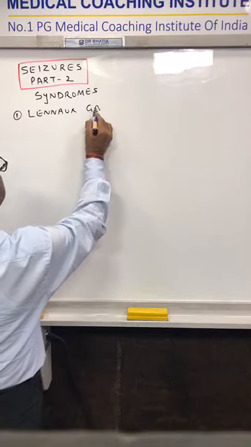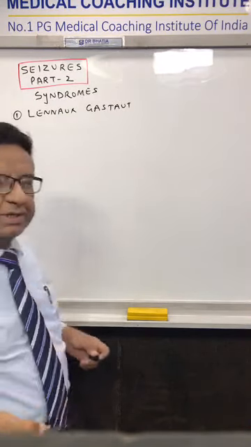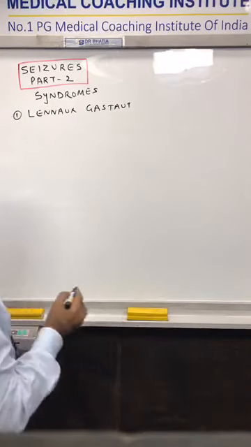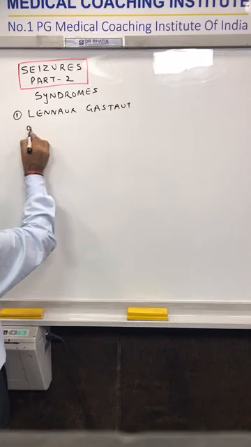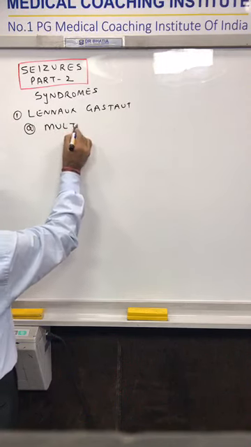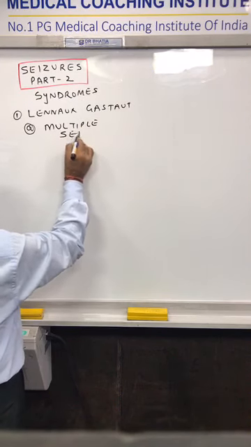Lennox-Gastaut syndrome. Now, classically it is seen in children, and the features are multiple seizure types.